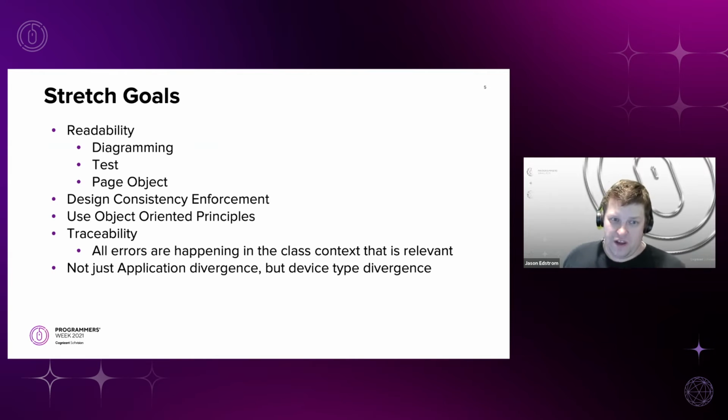So readability is one piece, whether it be the diagramming, the test, or the page object model, we want to have that readability there. Even just for making it easier for us to find the bugs, it also allows for easy ramp up and easy teaching for new engineers along the way.